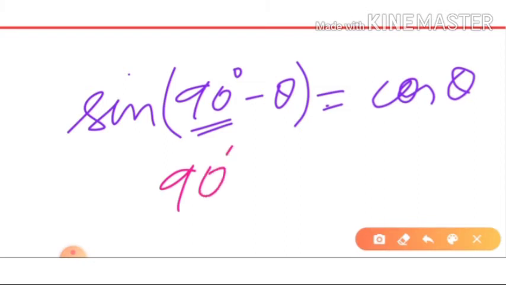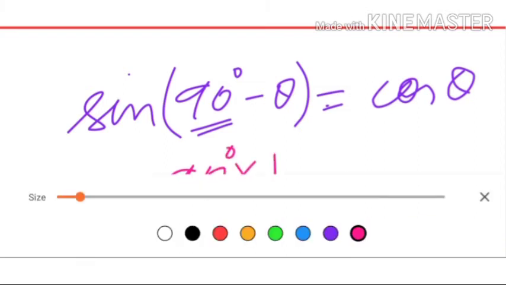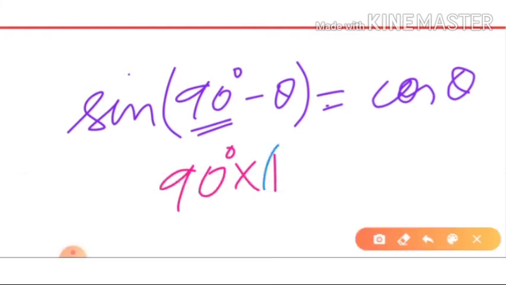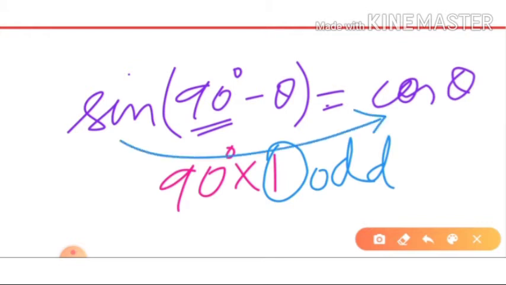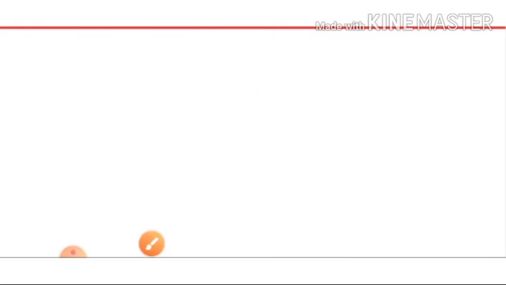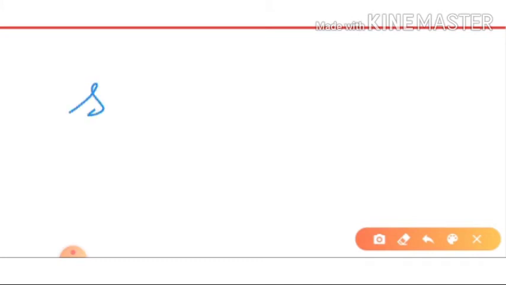As 90 degree into 1. Now this 1 is odd. Remember, when it is odd, it changes from sine to cos, and it is positive.